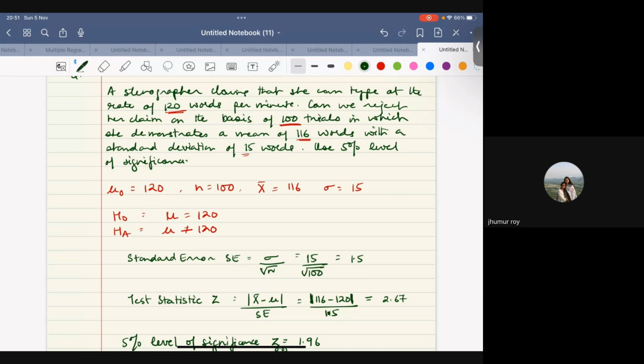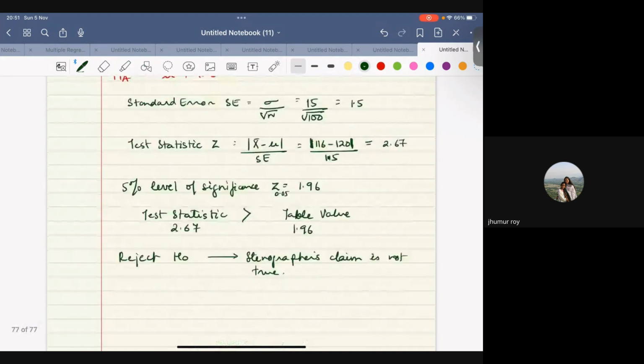So we want to find out whether her claim that she can type 120 words is within the acceptable region or not. What we found was that it is not correct; she is typing less than 120 words. Is it clear?